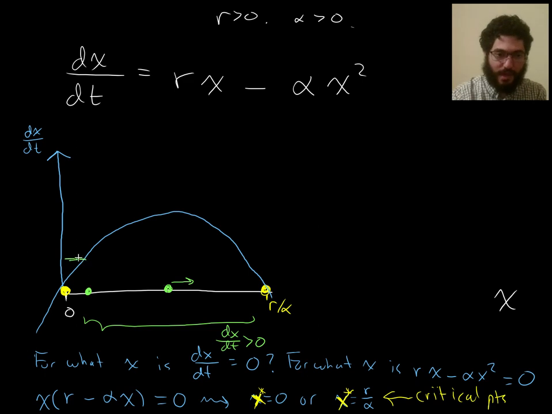This is not so high. So maybe we could represent that by putting a small little arrow there. On the other hand, if the number of infected people is in the middle between 0 and full, then dx/dt is quite large. So let's make this a big arrow. And if the number of infected people is close to everyone, then again, dx/dt is quite small.